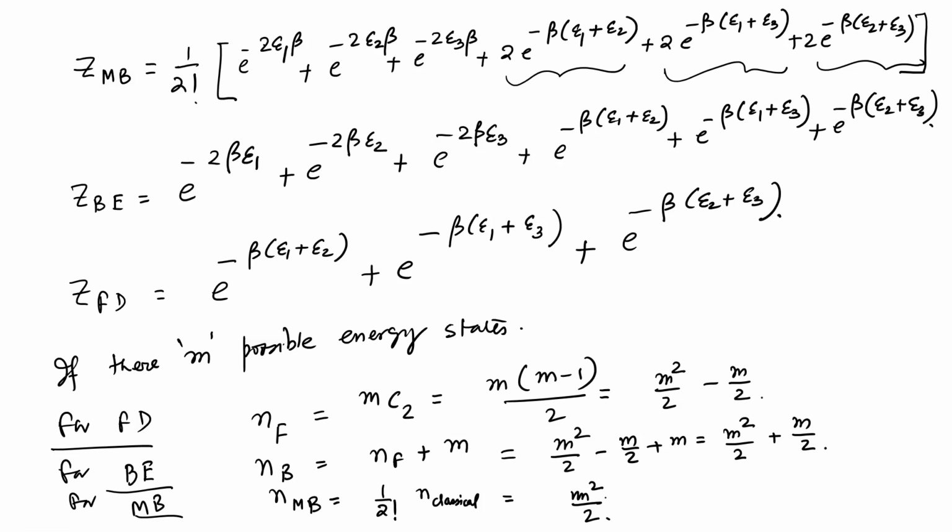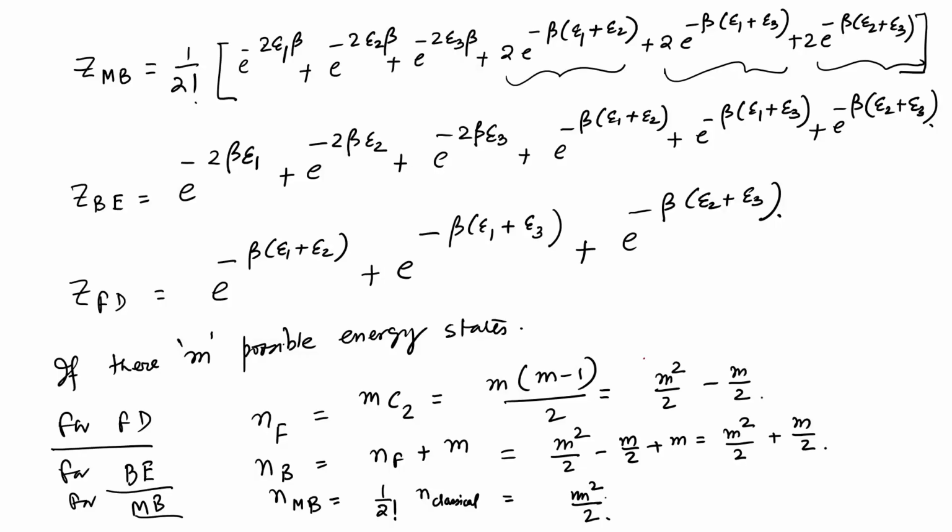So, in classical it is just m square for m energy states, and because we have this Gibbs correction factor, that is 2 factorial which is nothing but 2. So, for FD you have m square minus m by 2, for bosons you have m square by 2 plus m by 2, and for classical particles you have m square by 2. Okay. So, these are the different ways of distributing particles and their corresponding canonical partition function.